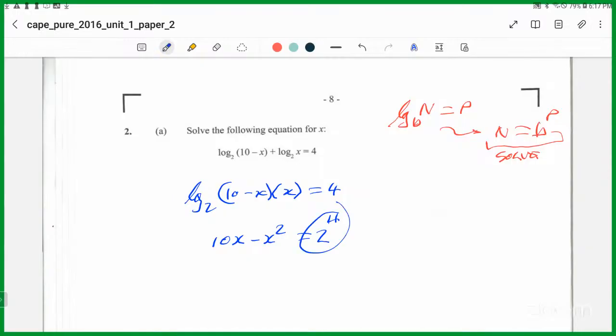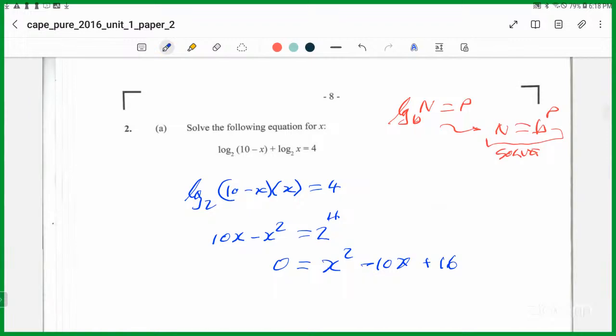And 2 to the 4 is 16. So we can transpose everything over this side. We get 0 equals x squared when this goes over, minus 10x when this goes over, and this over there is 16.